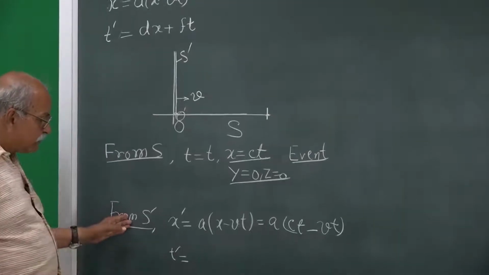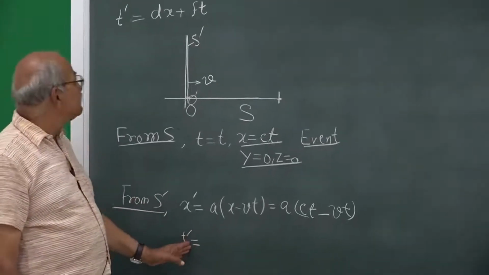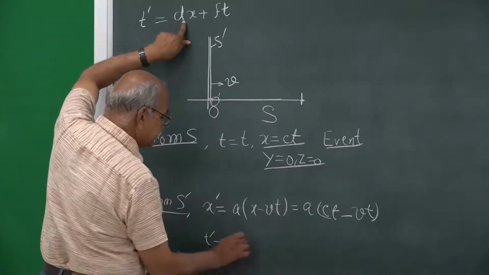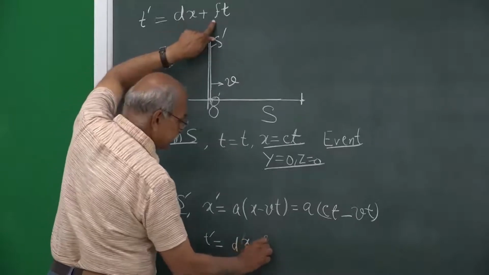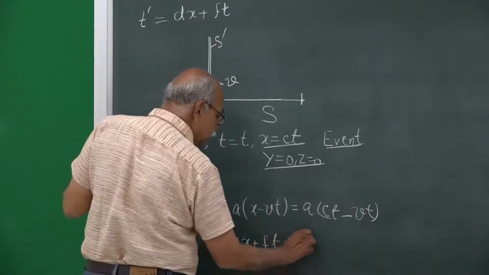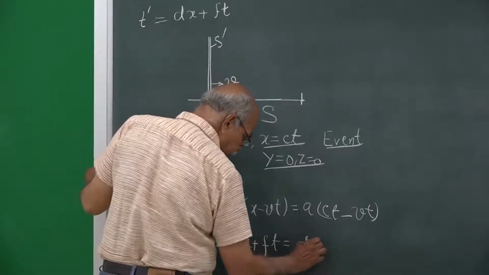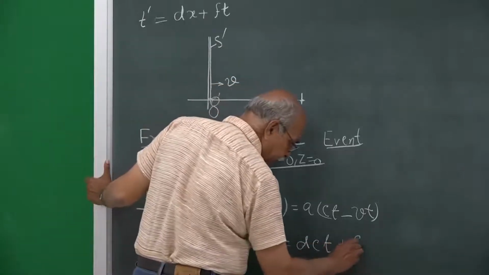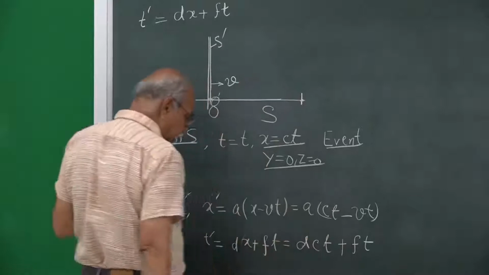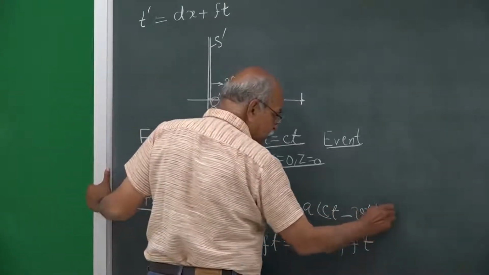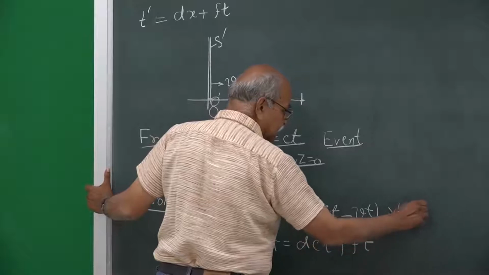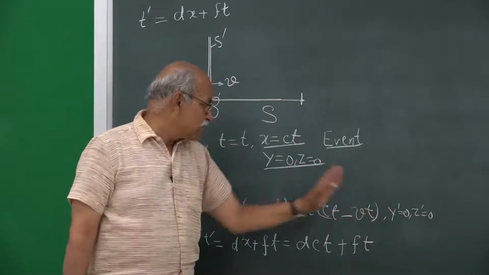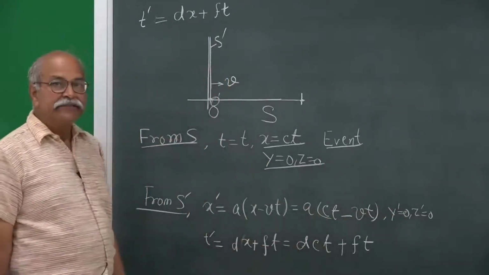In the S prime frame, when did it occur? t prime is given by d into x plus f into t, that is d into c t plus f into t. And of course, y prime and z prime are 0.